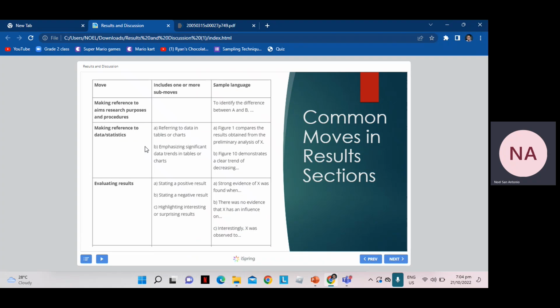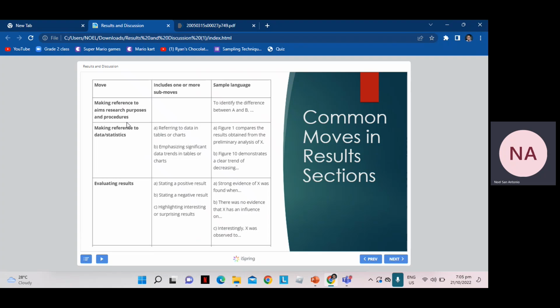Okay, now here are some of the moves that you may follow in writing the results and discussion section of your research. The first move is making reference to the aims, purposes, and procedure of your research. That's how you introduce or start your results.